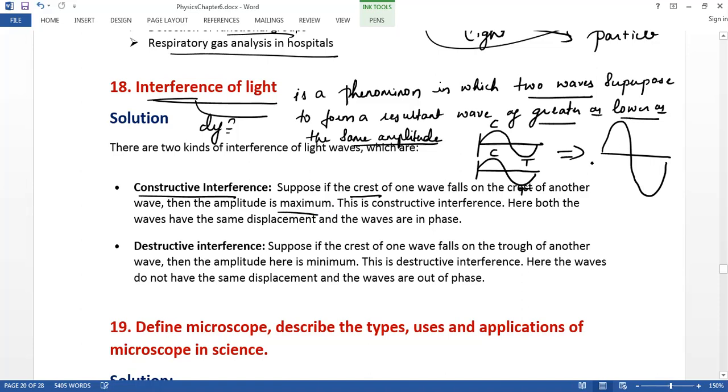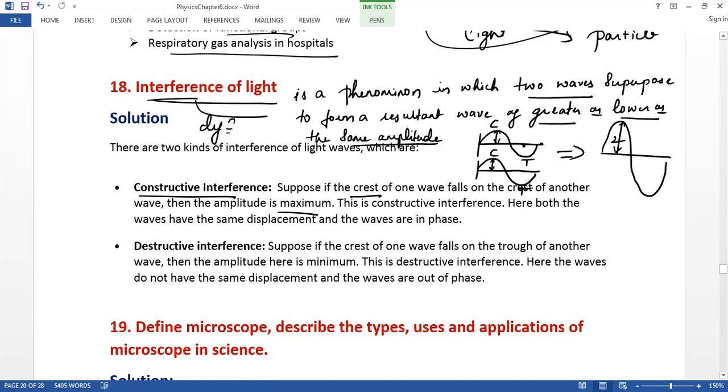The amplitude of the resultant will be very high. For example, this has amplitude 1 and this also has amplitude 1, so 1 plus 1, the resultant amplitude will be 2.